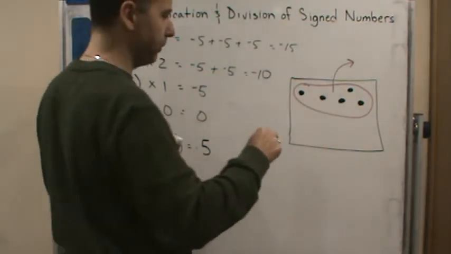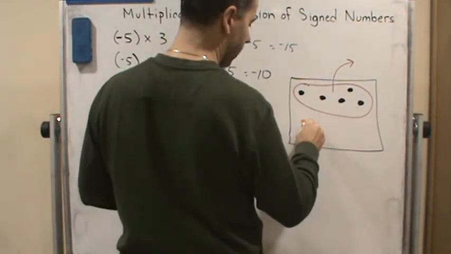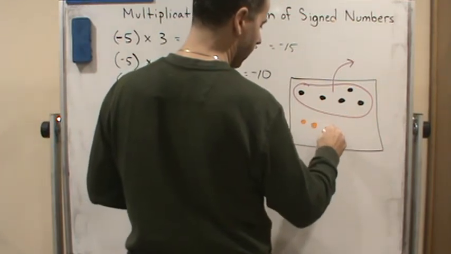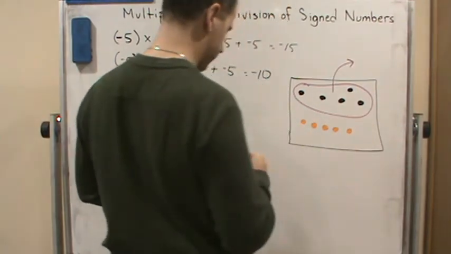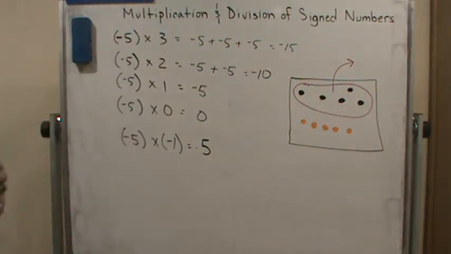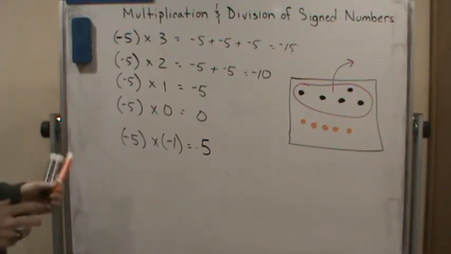And so what I'm going to be left behind are 5 groups of 1, which is going to give me +5.